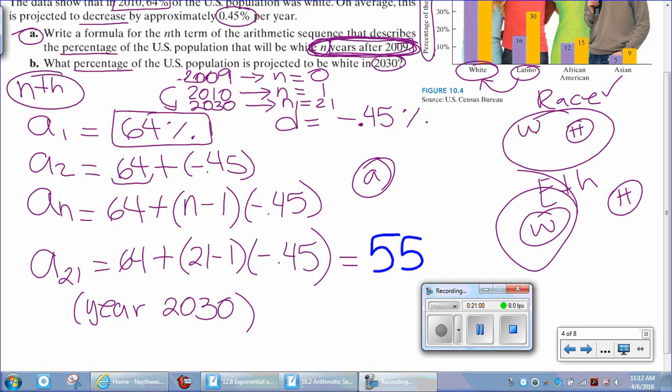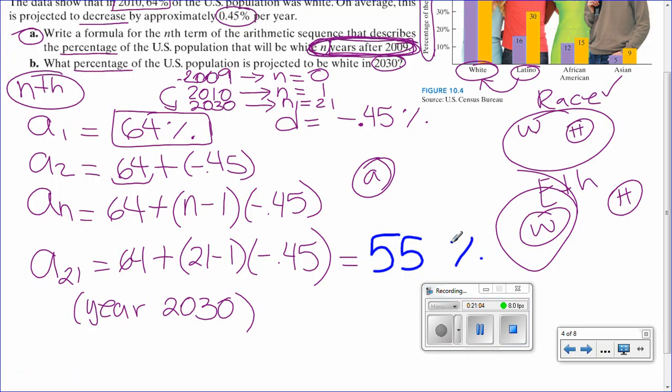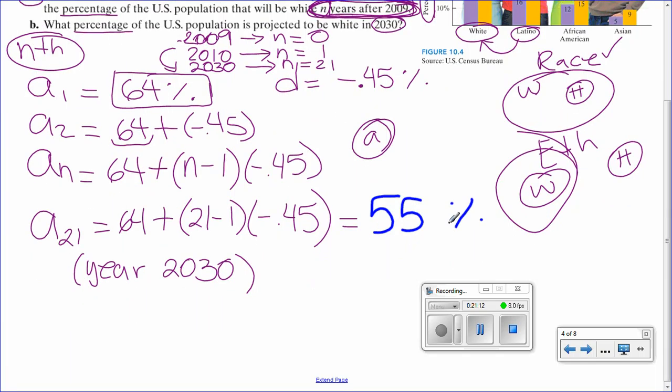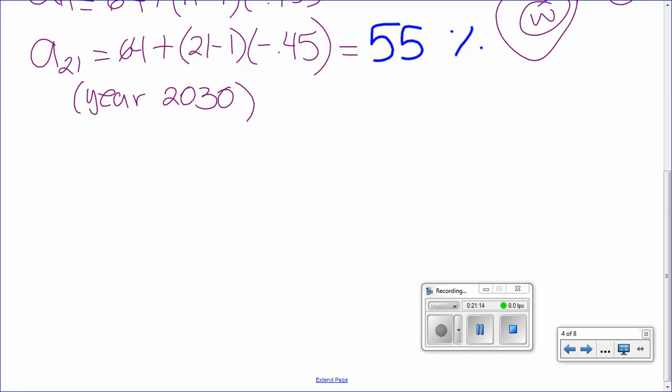So we get an answer of 55. Remember, we're talking about percent. So let's just see what will happen in the year 2050. I'm just curious. I want to know. Let's see if this will work. So the year 2050 will be n equals what? 41.